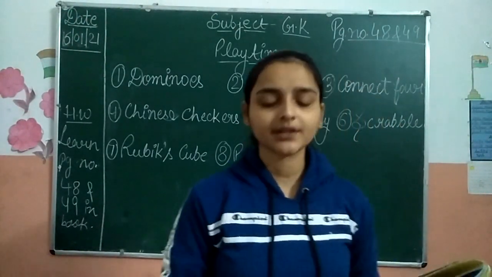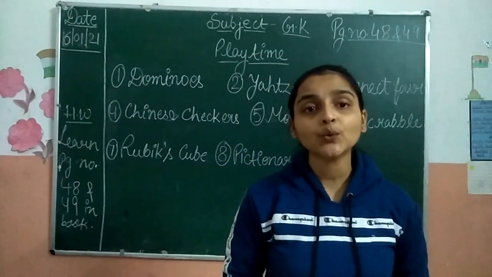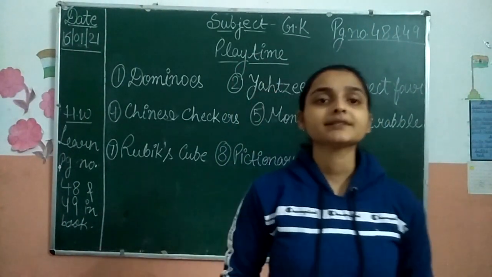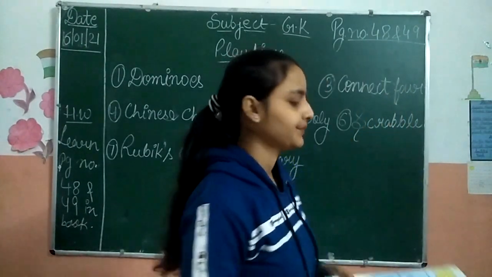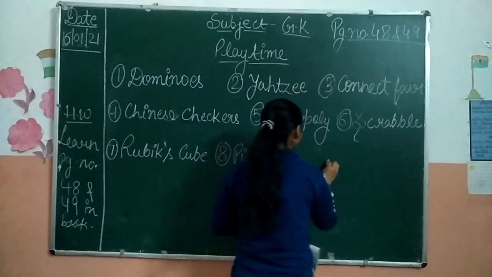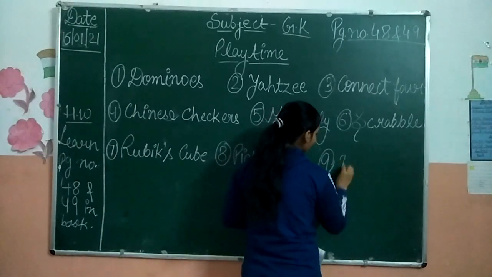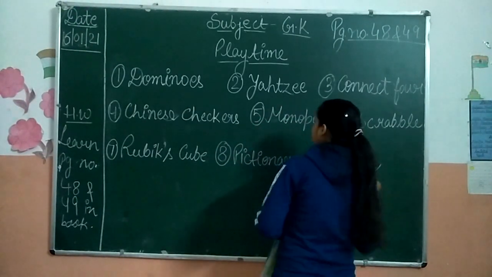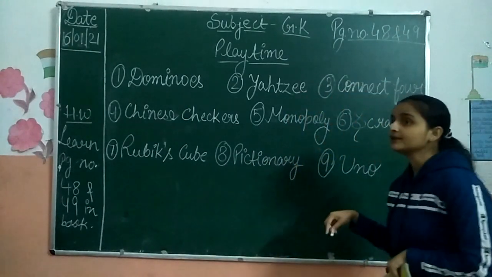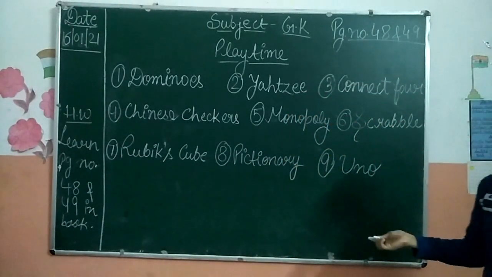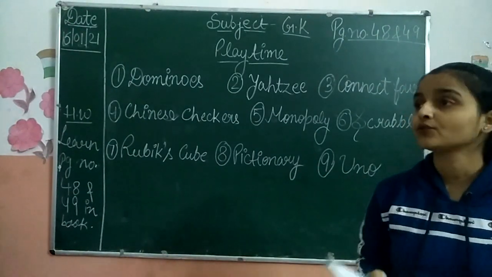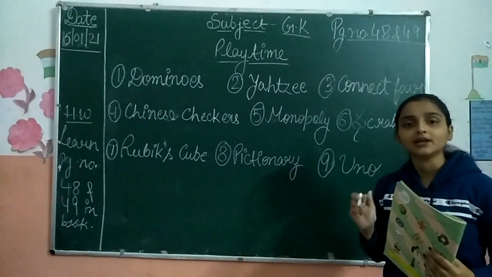What is written over the cards? Uno. U-N-O. Uno. Yes. So this is the Uno game. Okay. So here are the names of some games shown in the pictures. You have to write them down and also learn them.